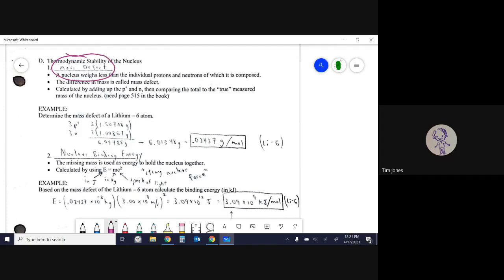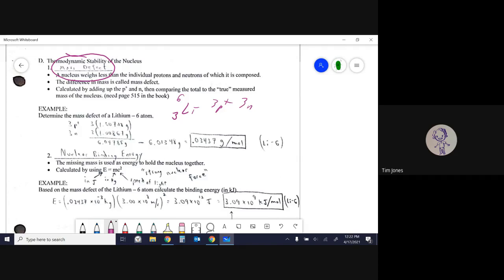Every atom weighs less than it's supposed to weigh, hence the name mass defect. So let me just jump into this first example. Take lithium-6. And because it's lithium, it also has to have 3 protons. So this means it has 3 protons and 3 neutrons.